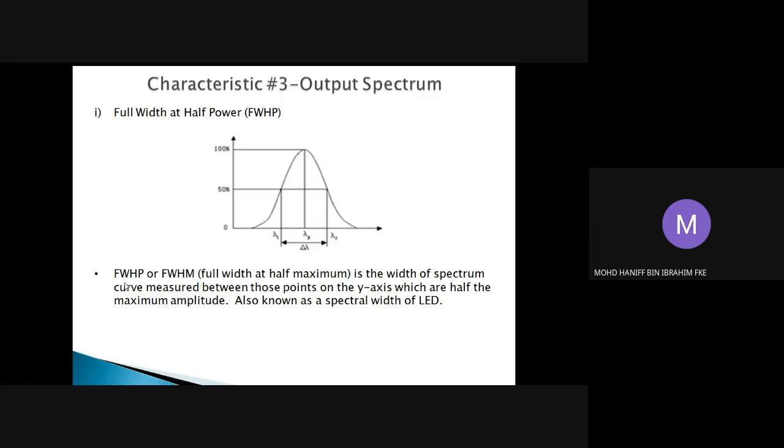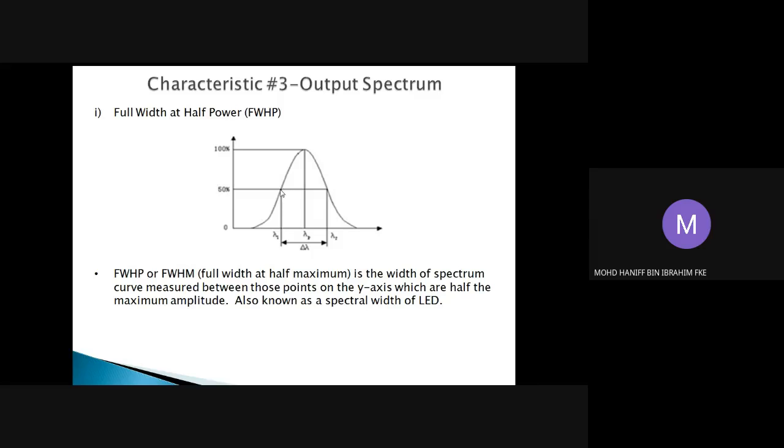It's the same, which is basically the width of the spectrum curve measured between points on the y-axis which are half the maximum amplitude. Which means that if the peak is at 100%, half power is at 50%.